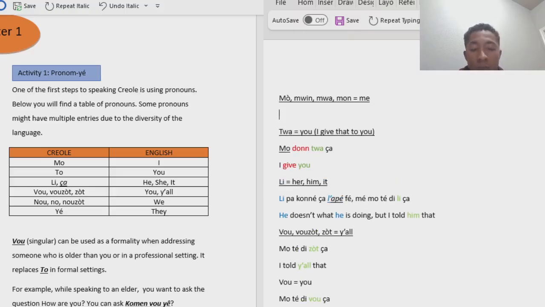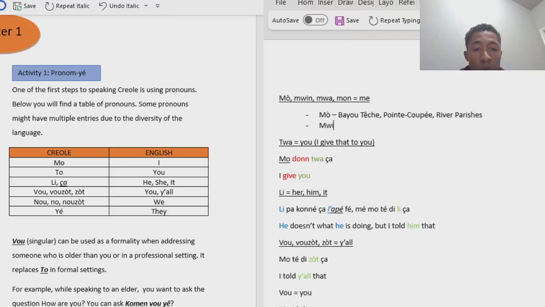So for instance, you might hear mo along the Bayou Teche, and even sometimes in Pointe-Coupée or even the river parishes.